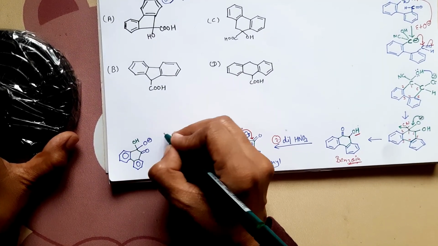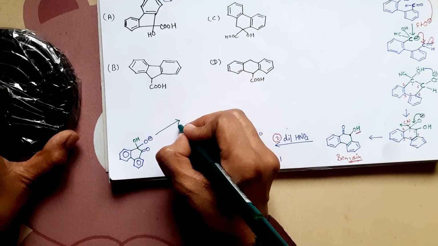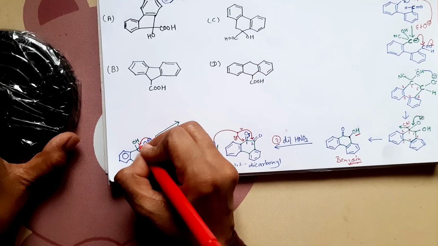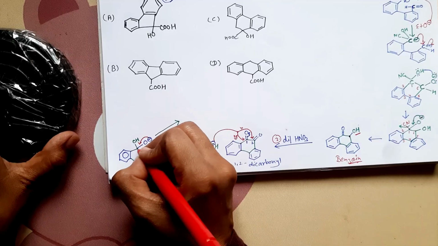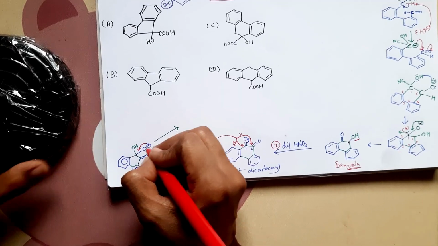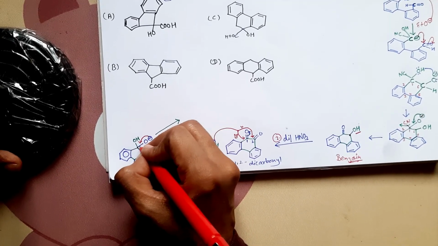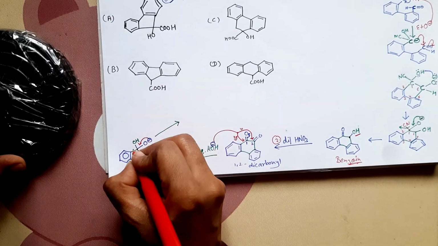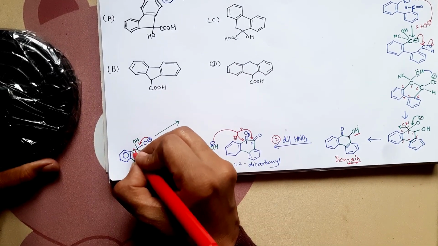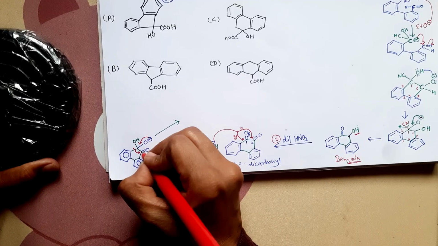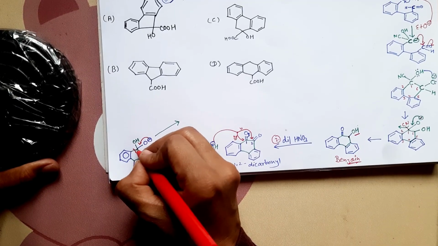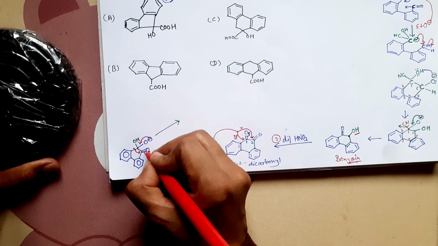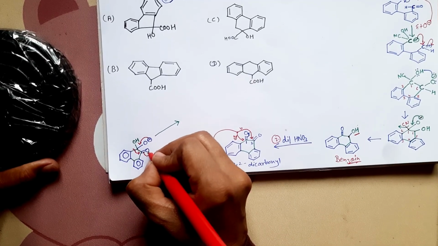So after this step, this oxygen electron returns again here, to this carbon oxygen bond. This bond will break and a new carbon carbon bond is formed here, and this electron shifts to this oxygen atom.